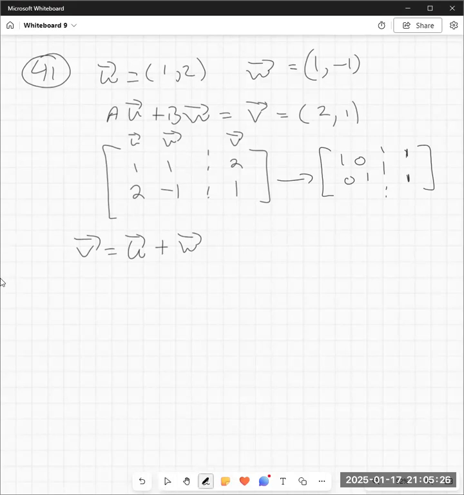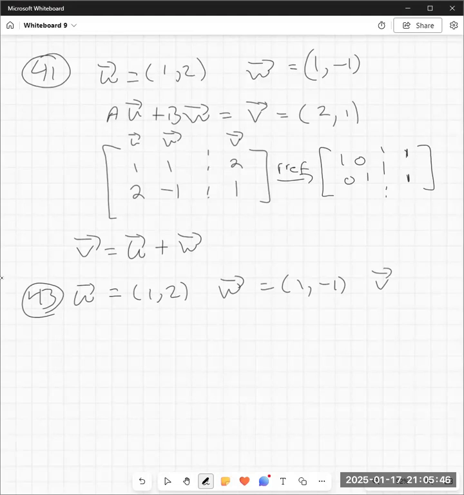Let's go on and look at number 43. u is equal to (1, 2). w is equal to (1, -1). And then v that we're interested in is equal to (3, 3).